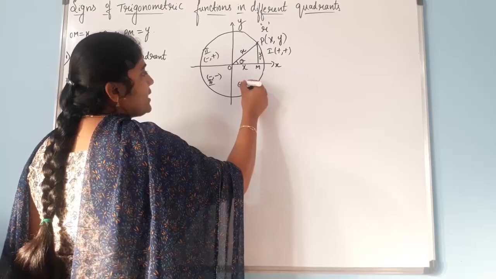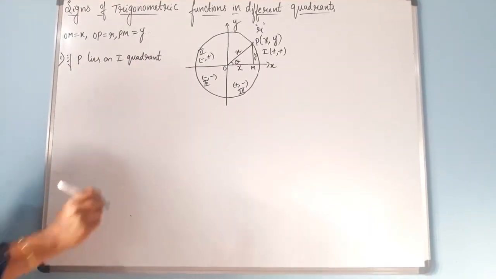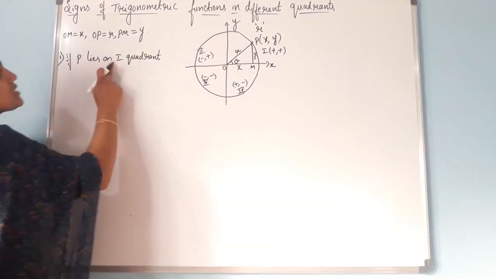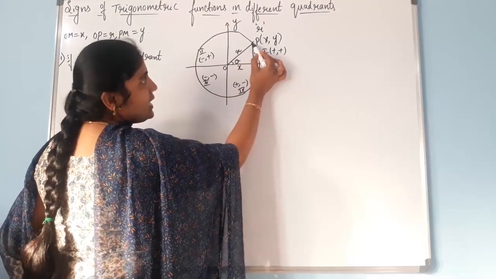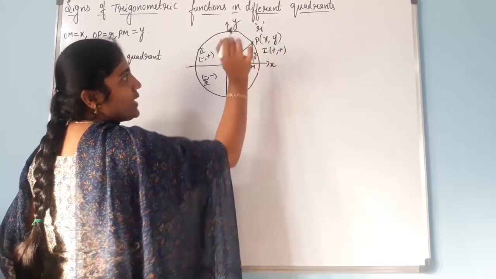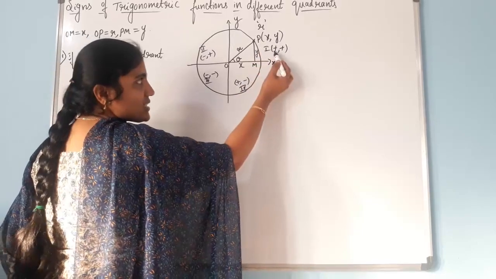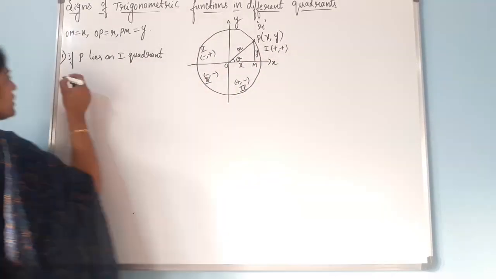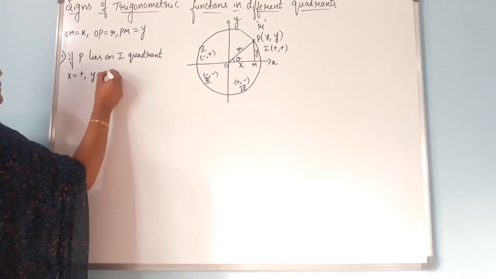In the fourth quadrant, x is positive, y is negative. So if the point P lies on the first quadrant, both x and y are positive.